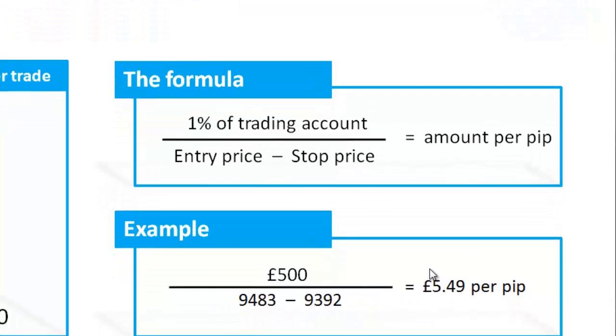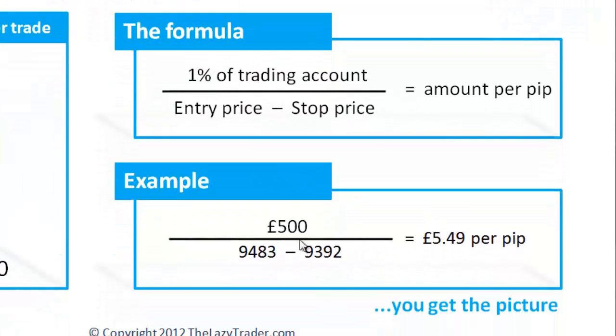So, for example, if we've got £500 risked here, which is 1% of a £50,000 account, and our entry is 9483, and our stop loss is at 9392, we have a difference of 91 pips between our entry and our stop loss. So what we do is we divide 500 by 91.